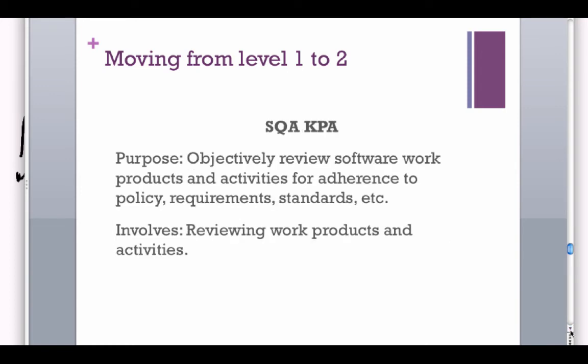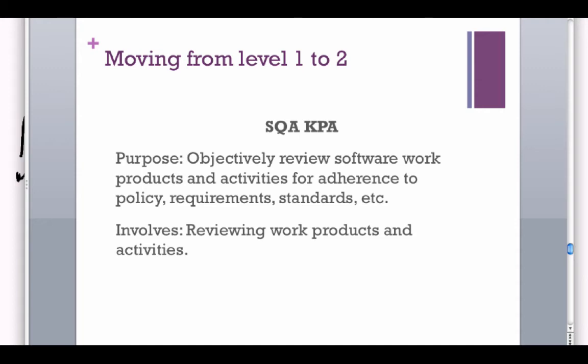Okay, next we have this idea of SQA, that's an acronym for Software Quality Assurance KPA, and here the purpose is to objectively review the software work products, whether they be code or maybe design documents or specs, for adherence to policy requirements, standards, etc. Okay.